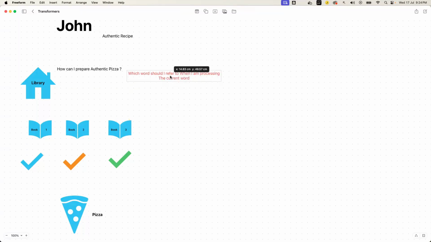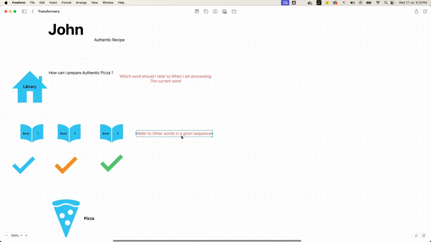Just like John referred to three books, the self-attention layer doesn't have books. What it will do is refer to the other words in a given sequence.